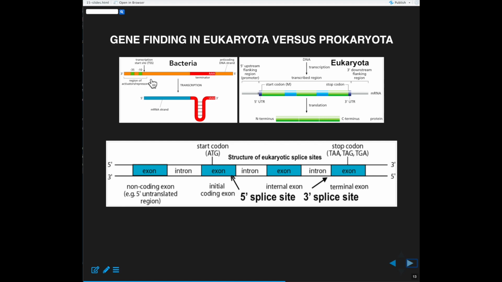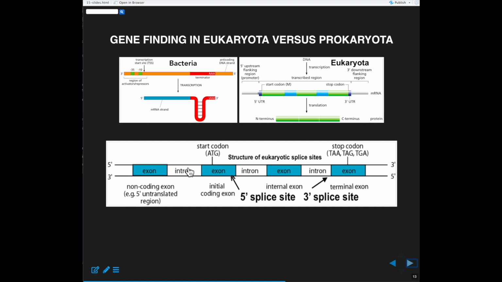Those things might be compressed in bacteria and therefore easier to find. But in eukaryotes, these might stretch thousands of base pairs upstream of the gene, and enhancers and these kinds of things might be even 100,000 base pairs, like huge tracts upstream of the gene. So those little signals are going to be spread over a much larger area, and statistically that'll be harder to identify. But eukaryotes, for example, have intron-exon structure.